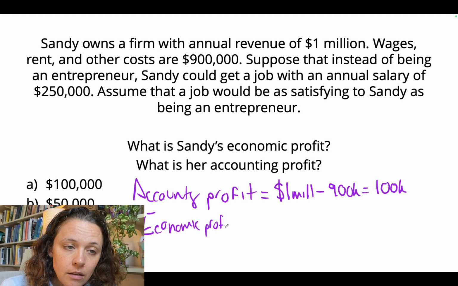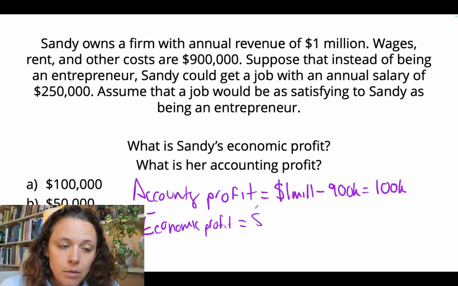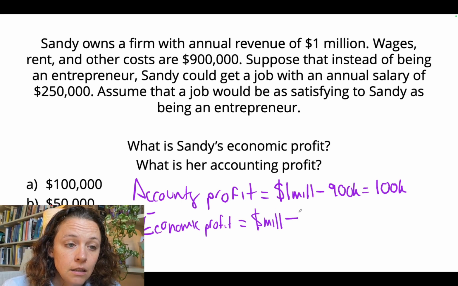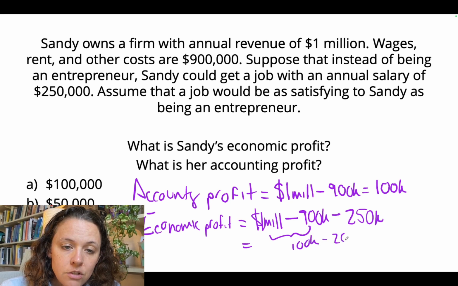is going to be the revenue minus the cost minus the implicit cost. So this is going to be the 1 million minus the 900,000 minus 250,000. This is what she's giving up by not working in her next best job. And so this was the accounting profit, 100,000, minus 250,000.